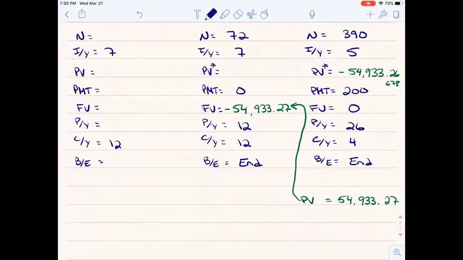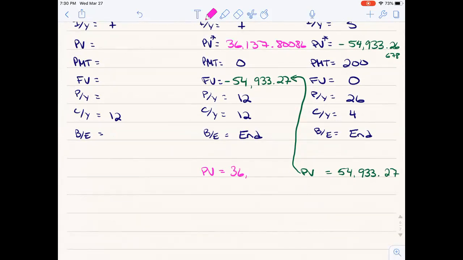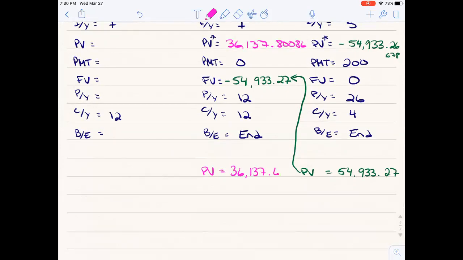I get 36,137.80086. So here the present value is 36,137.80.